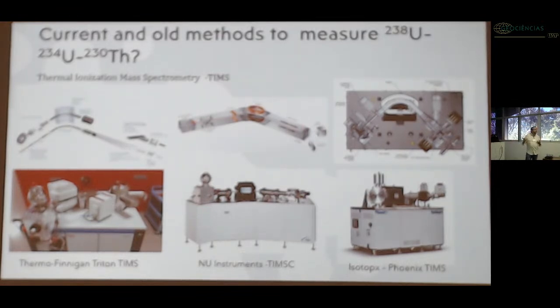The current instruments will differ a little bit on the geometry, how much they're actually dispersing. They differ on the ion optics, how efficient they are. They also differ on how they're moving the detectors. Overall, the principle is pretty much the same for each one of the instruments.